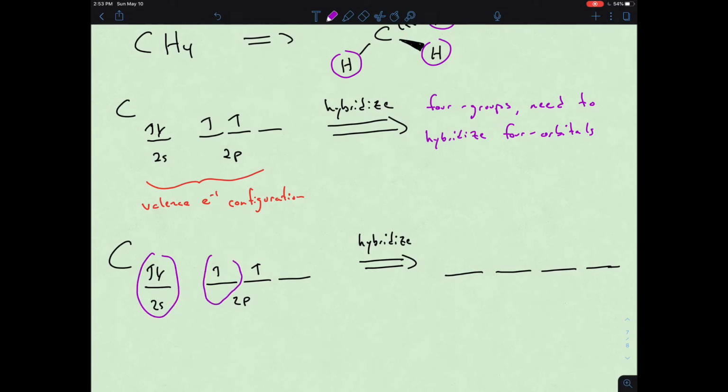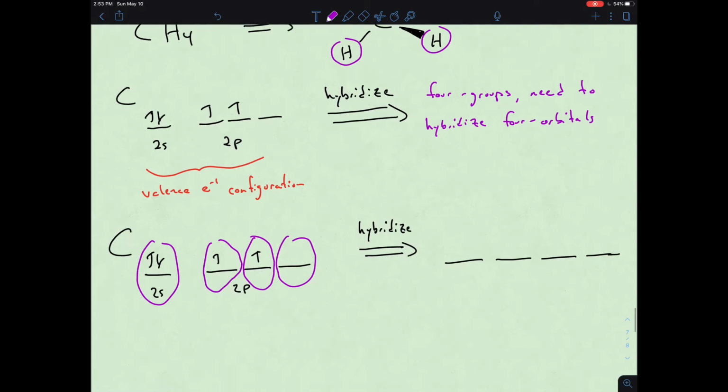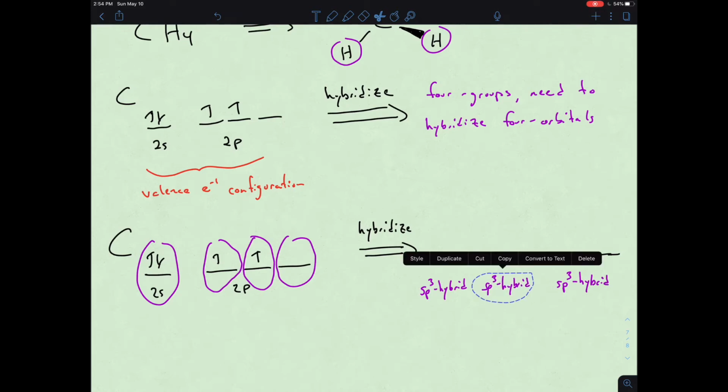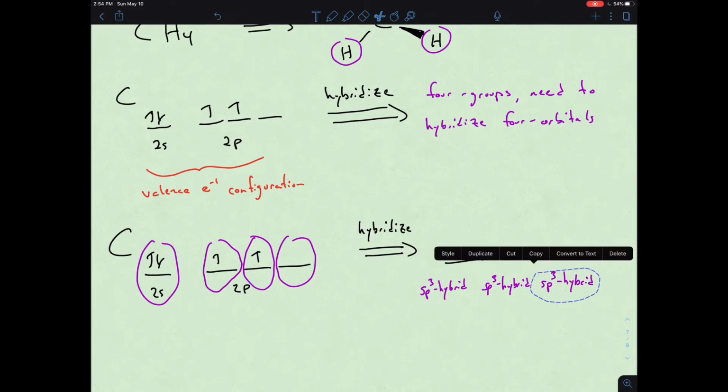We've got 1, 2, 3, and 4. And so all those are now turning into sp3 hybrids. All right, so each one of these is an sp3 hybrid. Looks like I can't fit them on there.